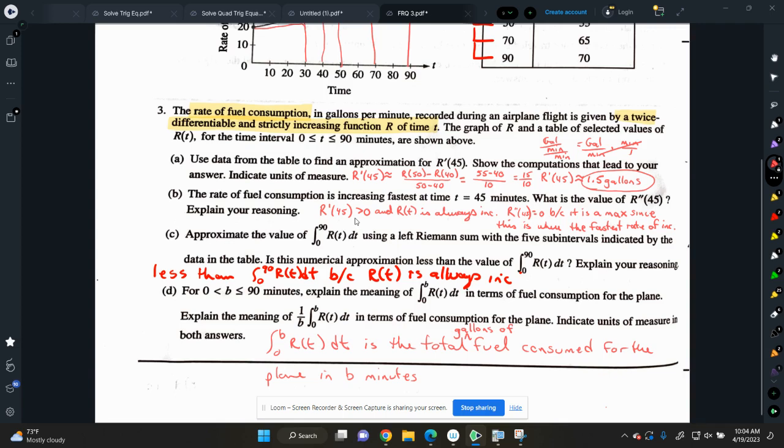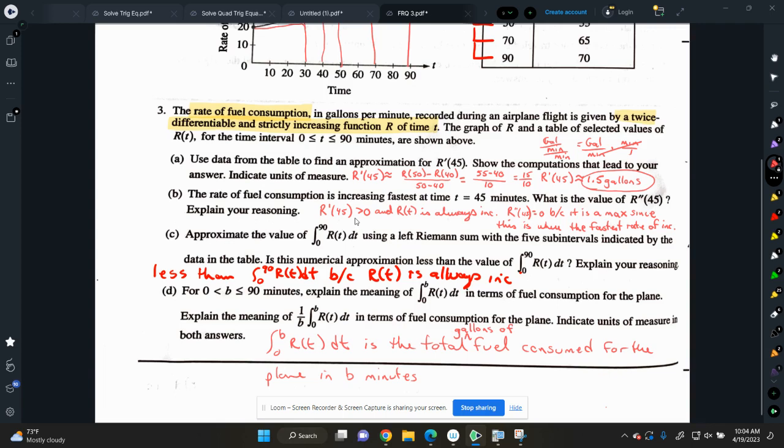It's the specific number of gallons per minute, or per time given. It's the average amount of fuel used. Yes.